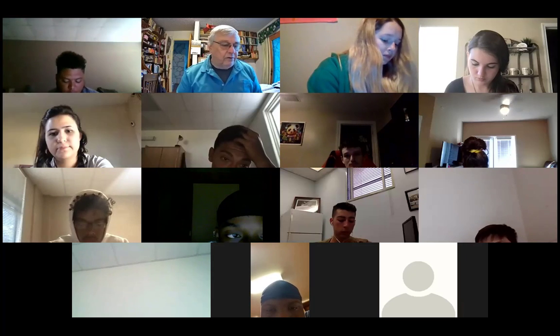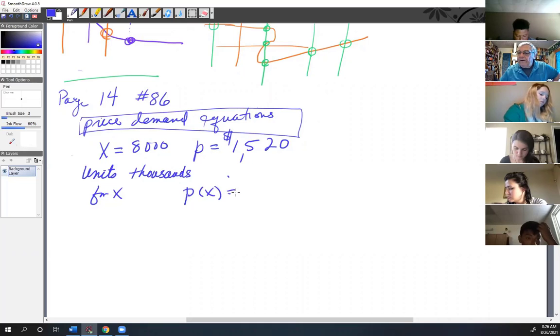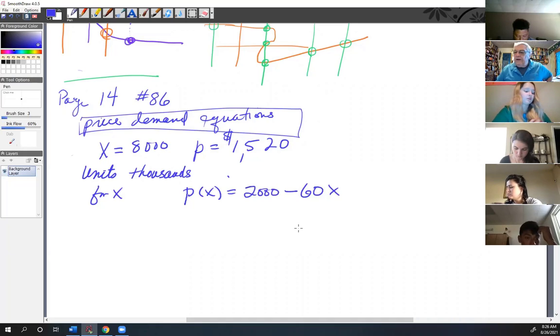I'm going to share a different screen with you. Let's do that analytically. Remember we found that P of X is equal to 2000 minus 60X. So we were doing it graphically, but we can do it algebraically also.